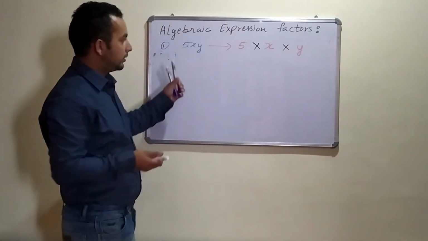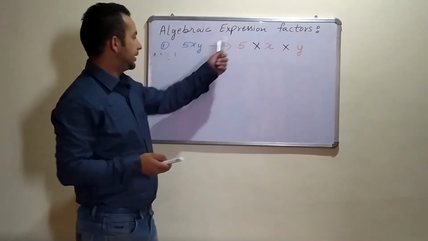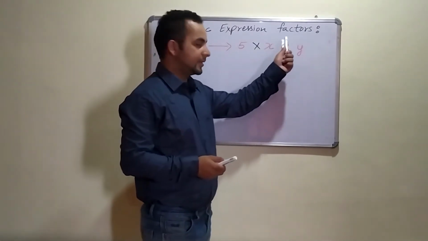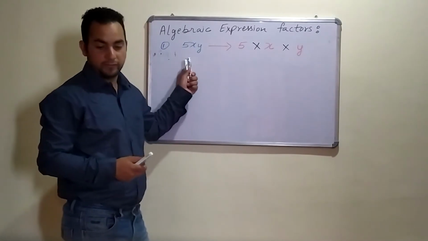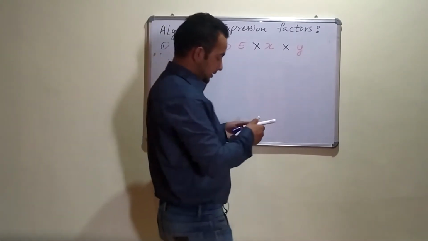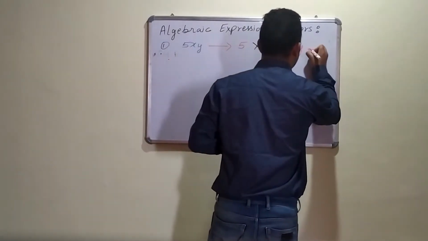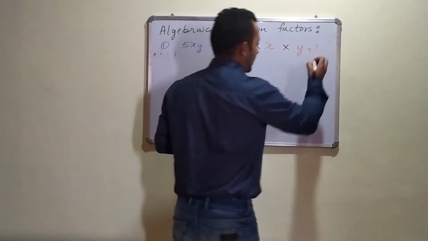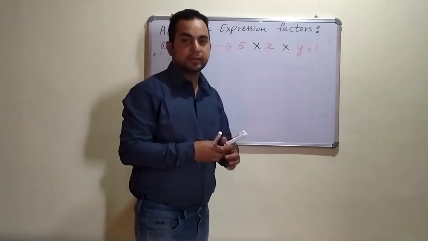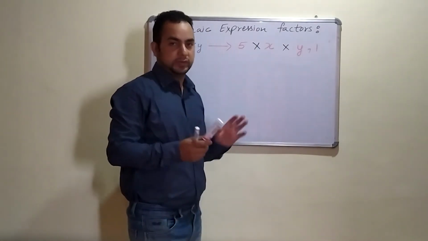So these are the factors of algebraic expression 5xy. 5, x and y are the factors of 5xy, and similarly number 1 also. As I already told you, number 1 is a factor of all the numbers.